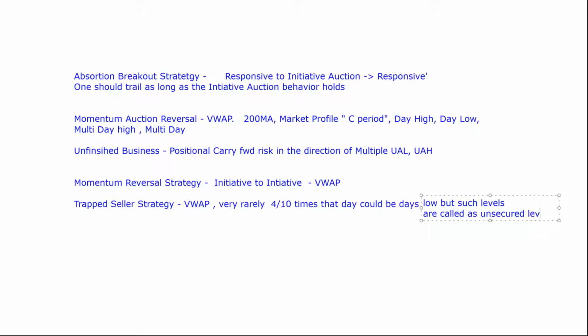Let it be a trapped buyer or a trapped seller, no matter what, such levels are always positionally meant to be revisited.